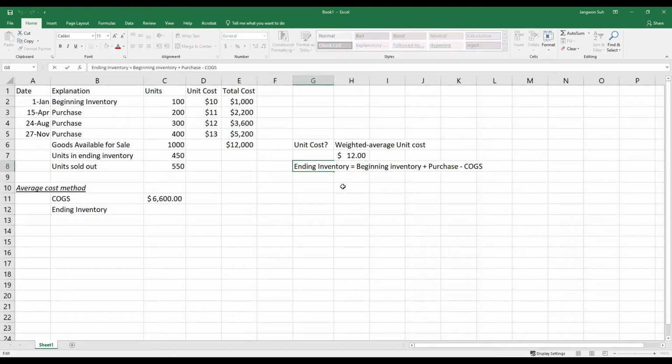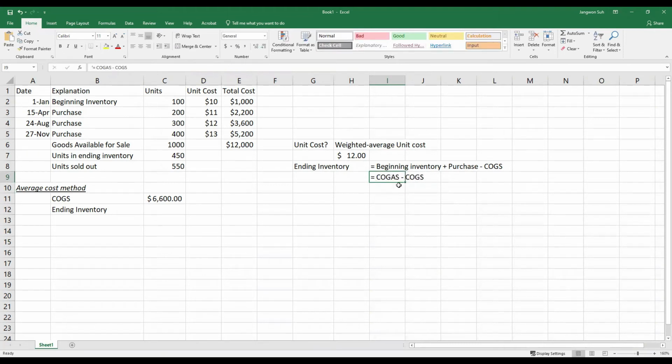But indeed, beginning inventory plus purchase is the same as, oftentimes called, cost of goods available for sale. Okay.